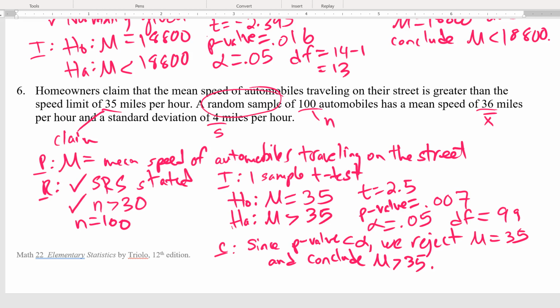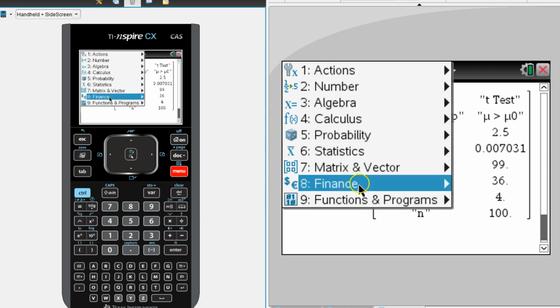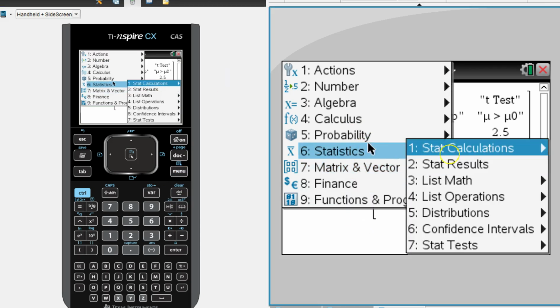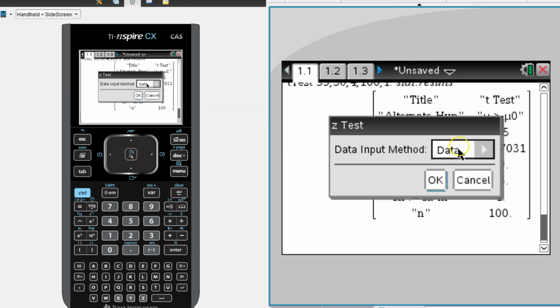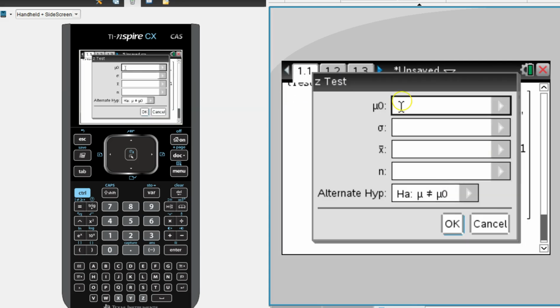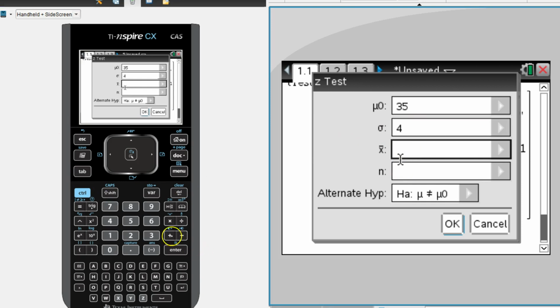Just for fun, what if this had been a z? Like I said, that'll be on the test. What if that 4 had actually been the true standard deviation?